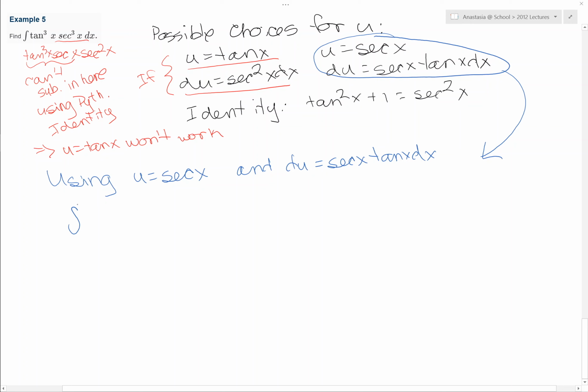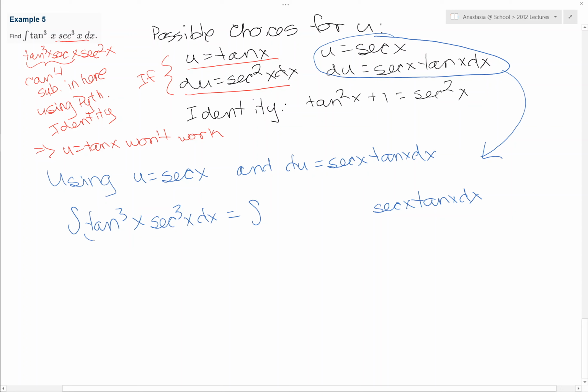Then we need to have a secant x tangent x reserved in our integral. So we are going to rewrite the integral of tangent cubed x secant cubed x dx as the integral of, we need a secant x tangent x dx at the end.